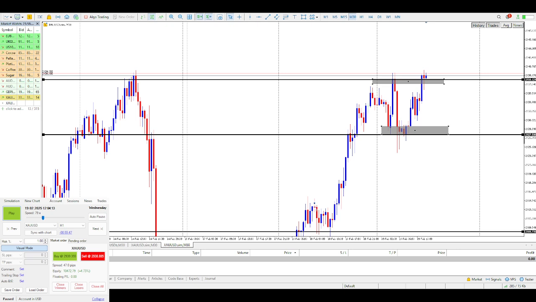Now, that's a trend continuation setup on a bullish trend.